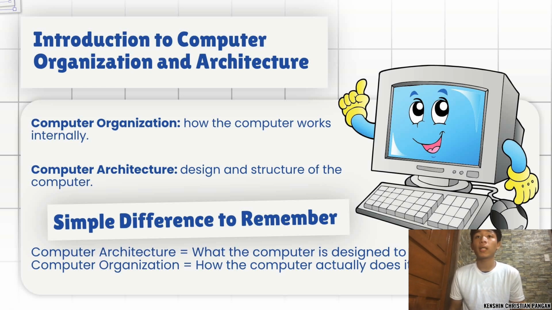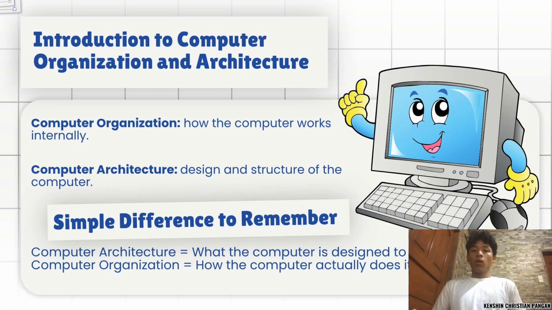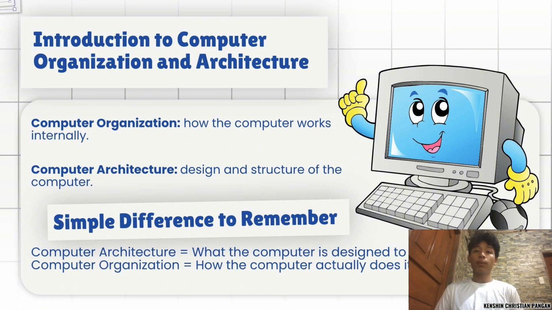Other definitions: the design of an integrated system which provides a useful tool to the programmer; the study of the structure and behavior of computers; the design of the system specification at a general or subsystem level; the art of designing a machine that will be a pleasure to work with. Therefore, computer architecture refers to attributes of a system visible to programmers, attributes that have a direct impact on the execution of programs.